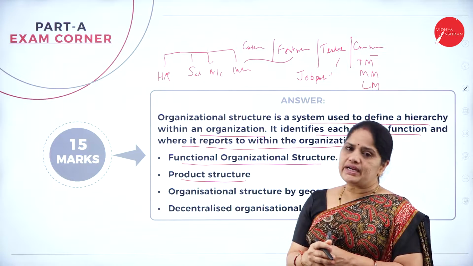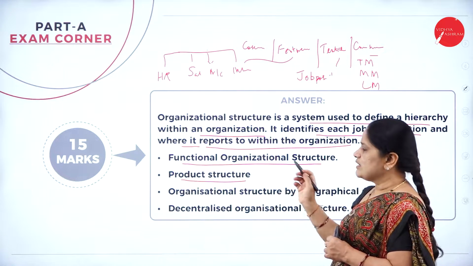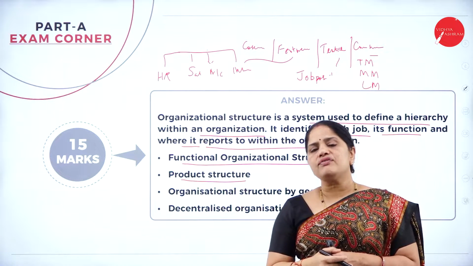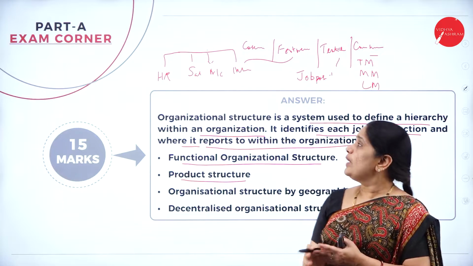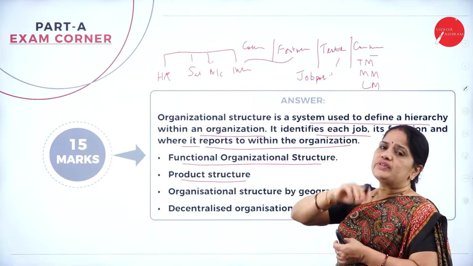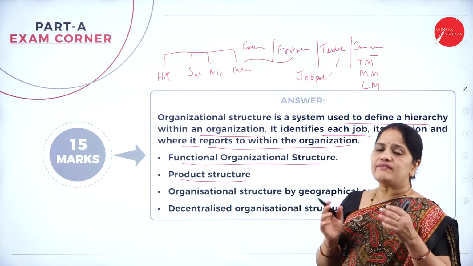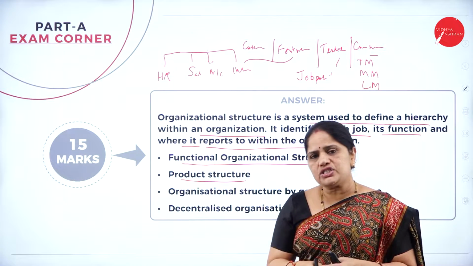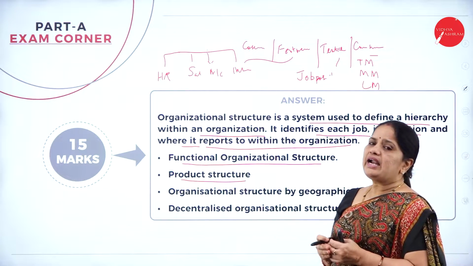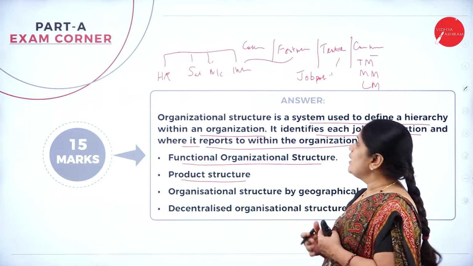Now which is better of these, the functional or the product structure? Usually the functional organization is better because it will function for the entire organization, whereas in the case of the product structure, there will be duplication of work. Each division will have its own HR, its own purchases department, its own sales department, and as such it will be nothing but duplication of efforts.